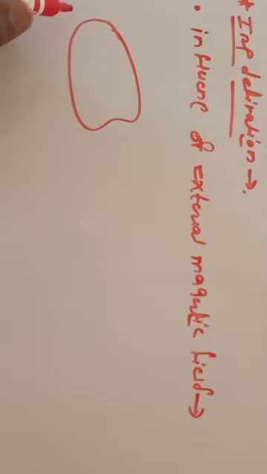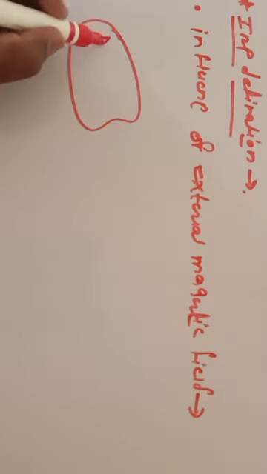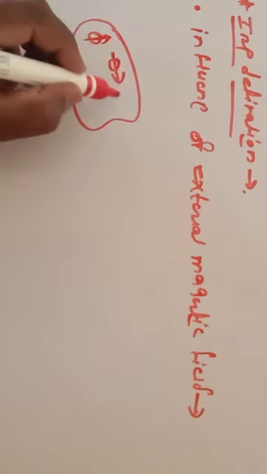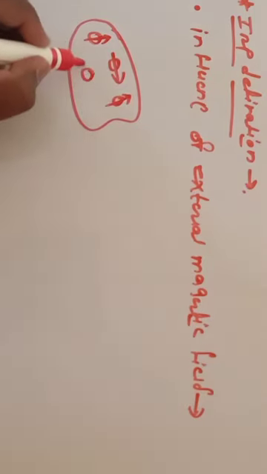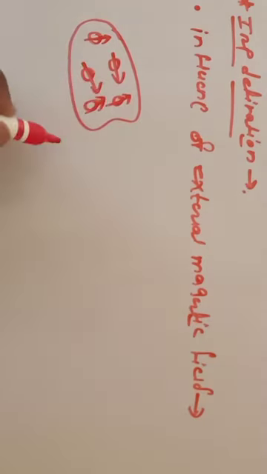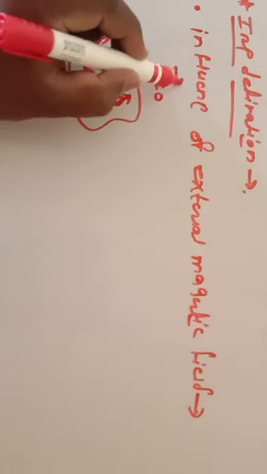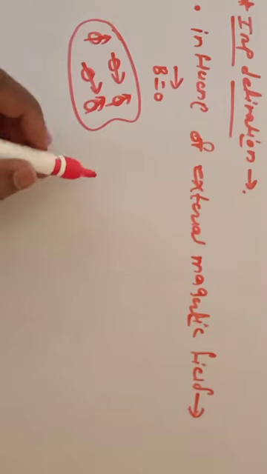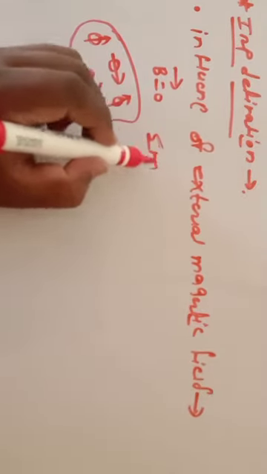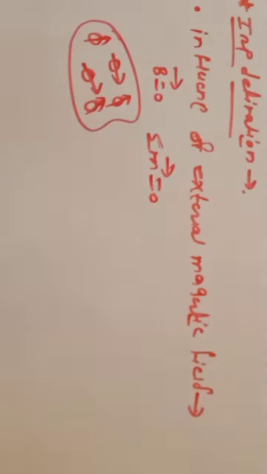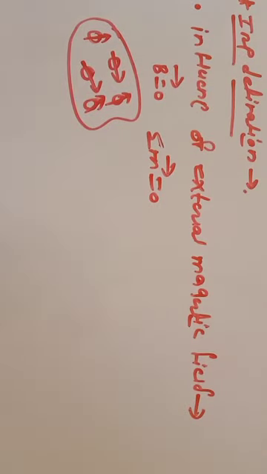This is a material. The material has atoms, atoms have electrons, and the electrons have a random motion. When we do not apply an external magnetic field, that is, B is equal to 0, the magnetization is also 0, and the material cannot pass magnetic lines of force through it. Therefore, when B is equal to 0, M is also 0.